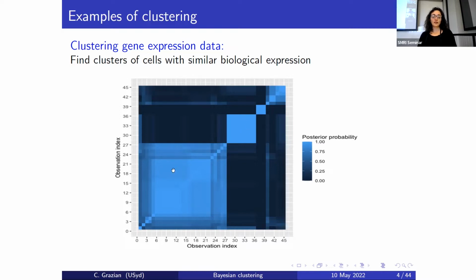You can see that these are probabilities of belonging to each cluster. Some clusters have items that are much more likely to be clustered together, and there are some clusters which are, let's say, less homogeneous. So the probability of clustering observations together is less than 1. This is a good example, but there are examples which are much more uncertain.